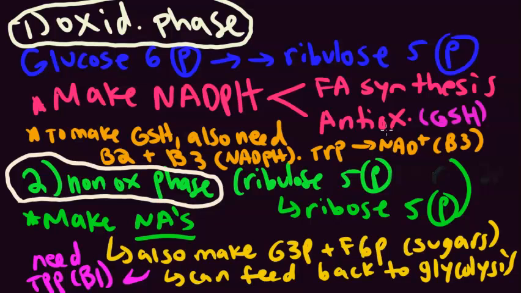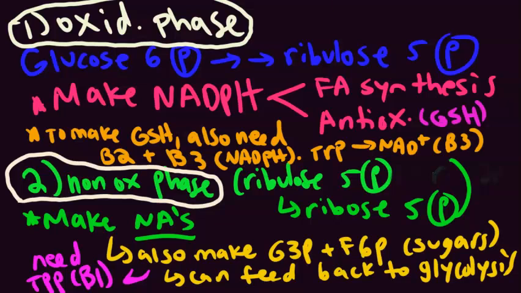So again, the key is that NADPH, this key molecule made in the oxidative phase of the pentose phosphate pathway, this NADPH is a cofactor for glutathione reductase, which is the enzyme that's needed to reduce the oxidized glutathione, the GSSG, from the disulfide bridge formed between two glutathione molecules, into the reduced form, into two reduced glutathione molecules with the thioester bond.